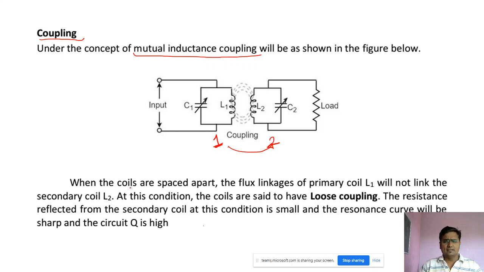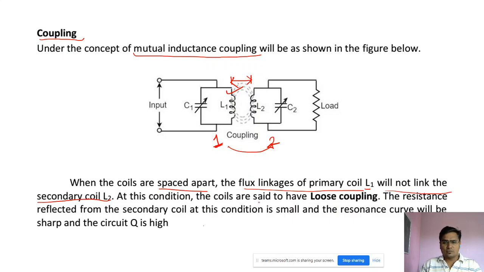Now look at this, when the coils are spaced apart, the flux linkages of primary coil L1, I'm talking about L1, will not link the secondary L2. It's obvious. If you increase this distance, then linkage will be poor, is it?